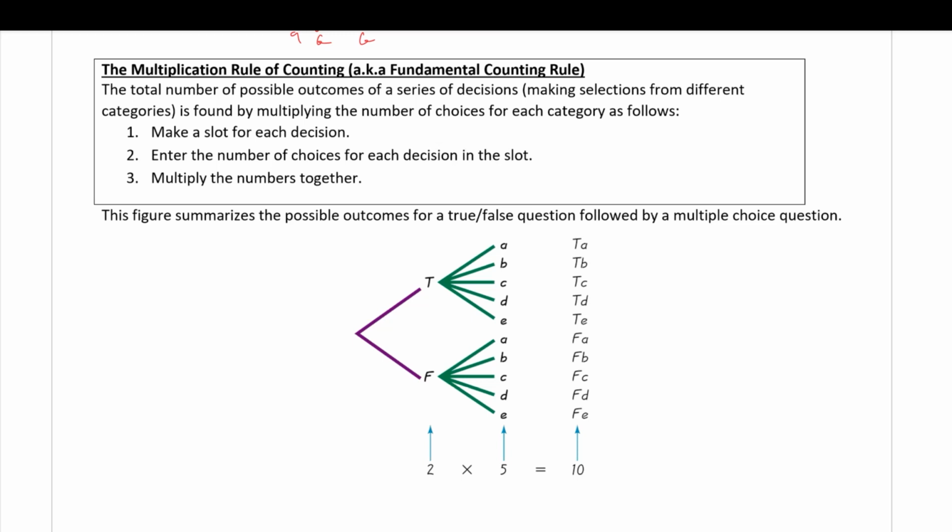So you can see that there were 2 choices for the first question, and there's 5 choices for the second question. So you're making 2 decisions, right? And so if you just do 2 times 5, you get 10, which is exactly all the different possible responses that I would probably get back from those quizzes.